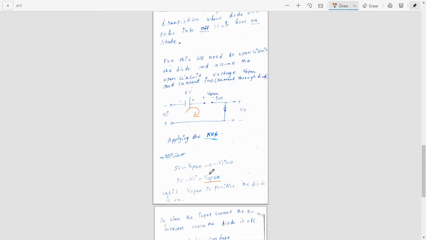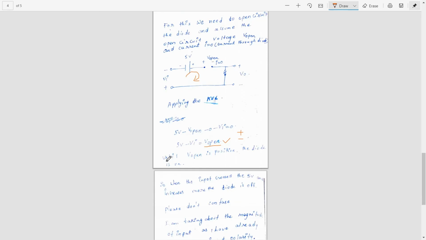Now we are sure that when V open is positive, the diode is in on state, and when V open is negative, the diode is in off state. So when does V open become positive and when does it become negative? V open will be positive until Vi is equal to 5 volt, and V open is negative when Vi becomes more than 5 volt. Now this is what it is saying.